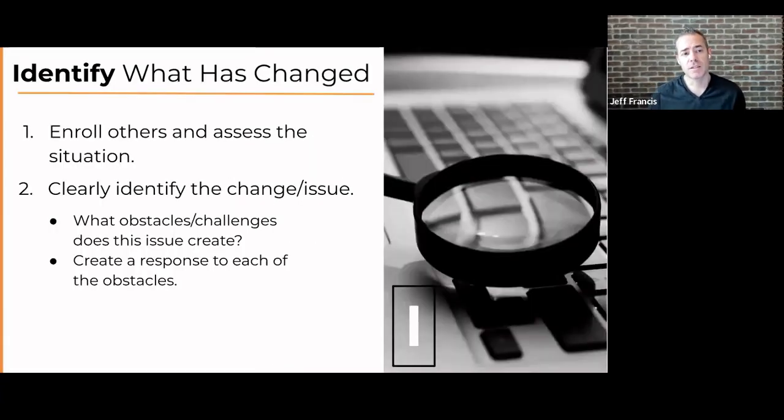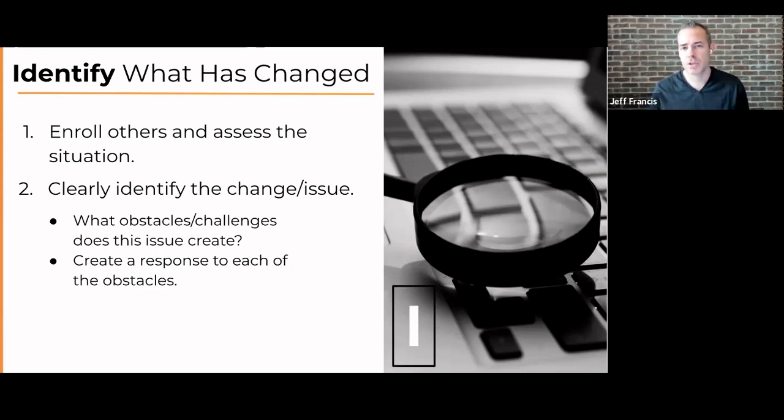This next one, so back to the next step, I, identify what has changed, right? So being really clear about what exactly is it that's changed so that we can put our finger on it. And so a couple of tips here that I think will help is enroll others and assess the situation. You'd be surprised what you get when you look for other points of view from different people involved with the effort.